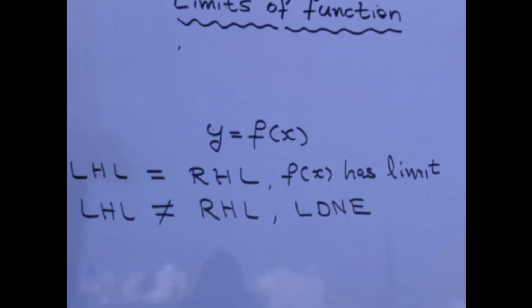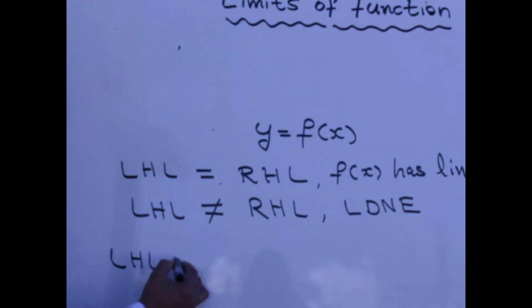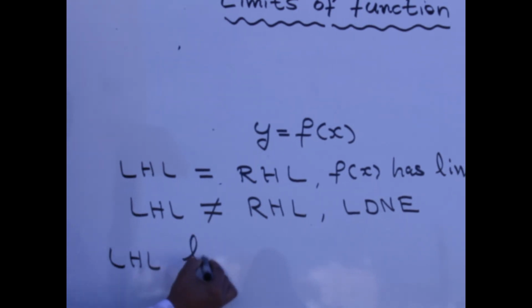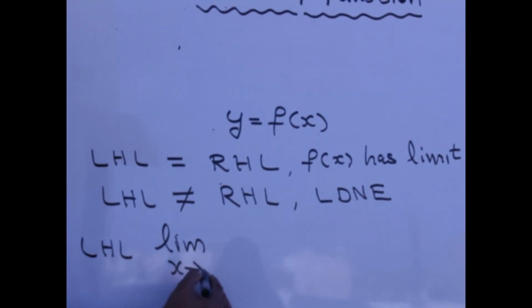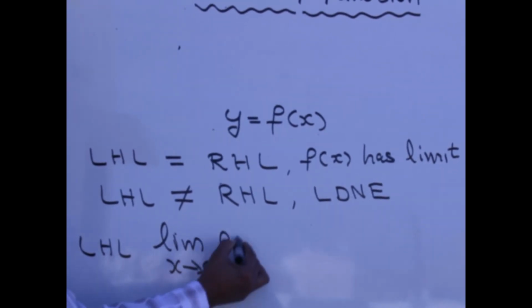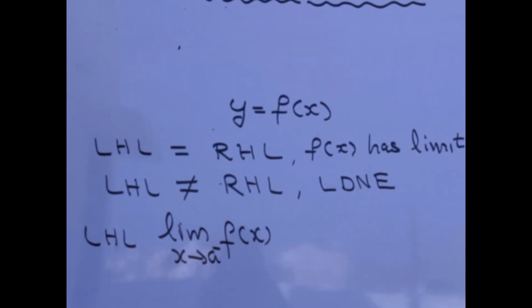So we will check an example for this theorem. The LHL in mathematical form we can write like this: limit x tends to a minus of f of x. This minus indicates left hand limit.